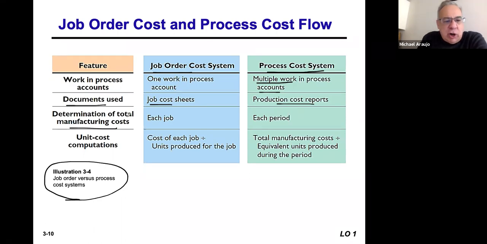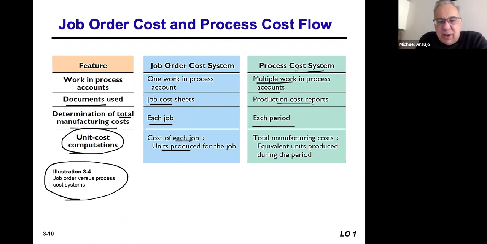When is the total cost determined in a job order system? For each job. But for a process cost system, they wait for the end of a period of time to calculate the total costs. And then the unit cost computations: here it's per job, divided by the units produced, and that's the cost.